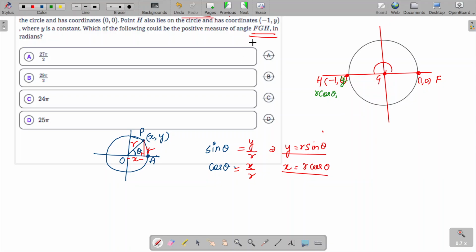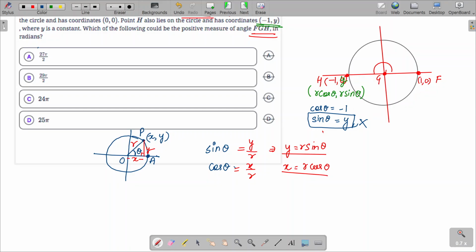Now I already know it's a unit circle, so r is 1. So if r is 1, can I directly say that cos theta equals negative 1 and sine theta equals y? Well, I don't need sine theta because its value is not given. It is given in terms of a variable, which is not going to help us anyways.